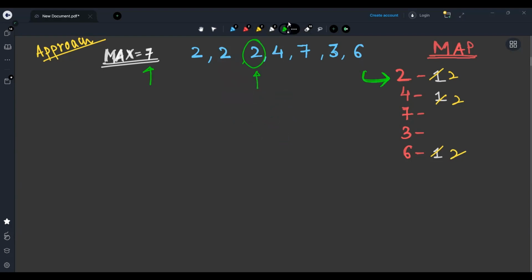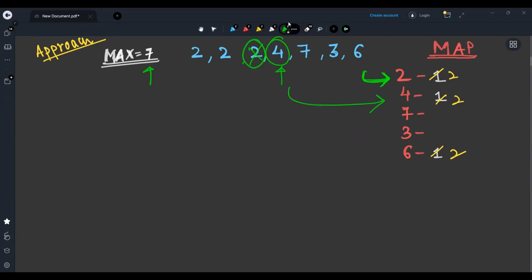Yes, but we require only 2 times. So why increase the complexity and take an extra array? It would run through all elements again and make the count 3, but that is not required. We only want to know if it is marked 2 times, which means it is a special number. So let's skip this element and go ahead. Let's come to 4.